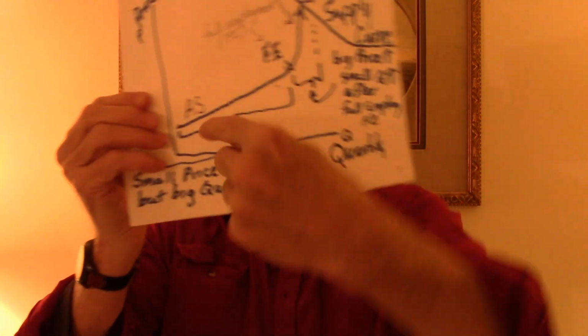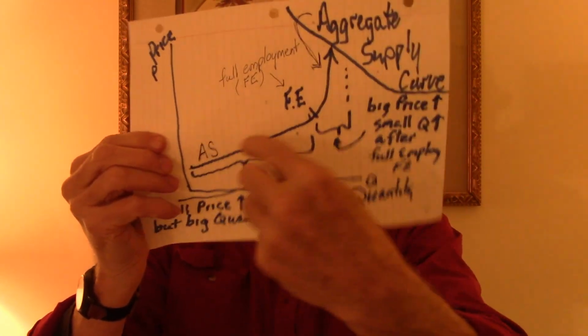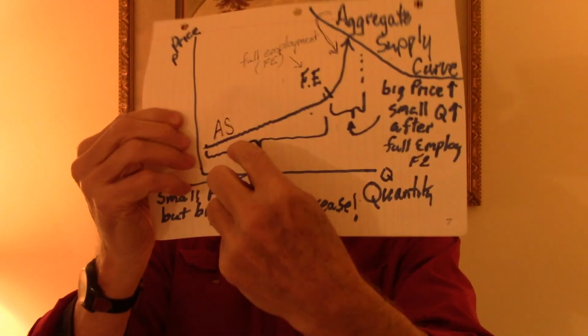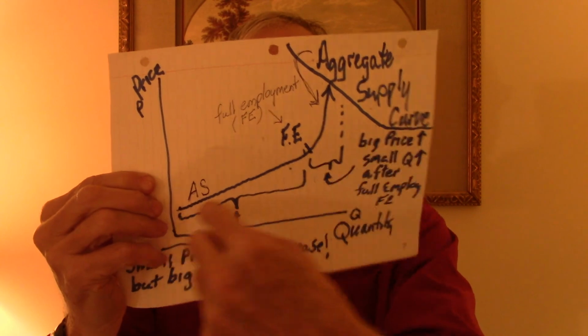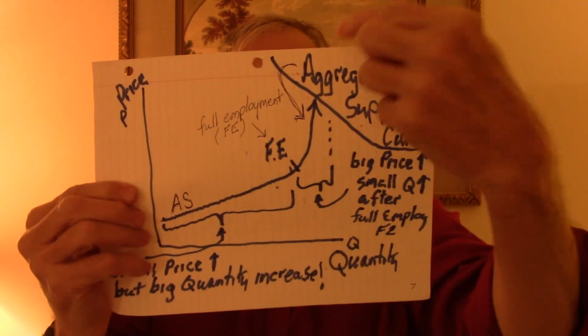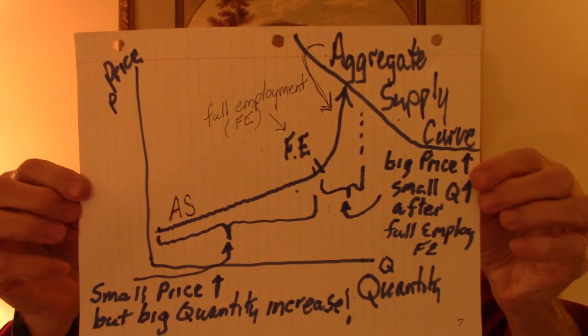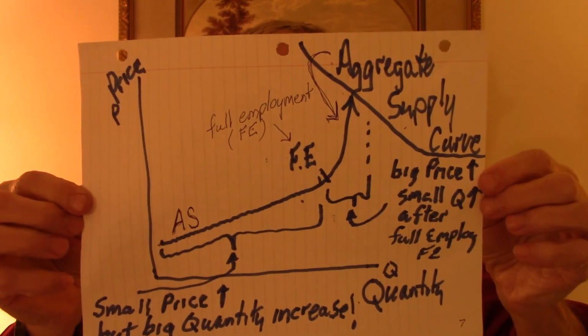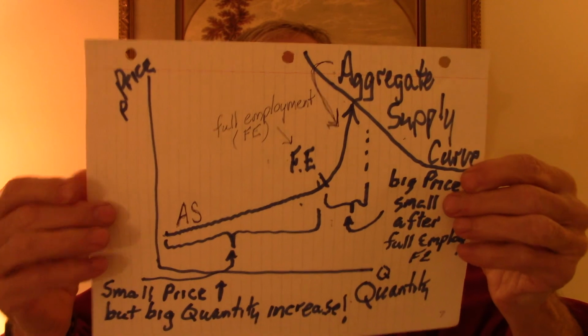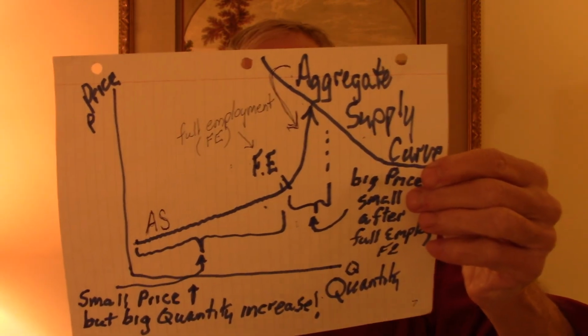Now the aggregate supply curve is also, in fact, upward sloping. Now it has this little elbow, that is upward sloping right there, this part. But it slopes up steeper over here, and there's a reason for that, and it has to do with full employment, which has to do with, at full employment, you can't produce as much anymore.